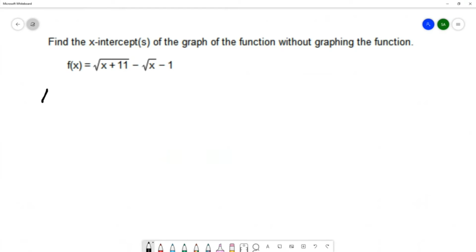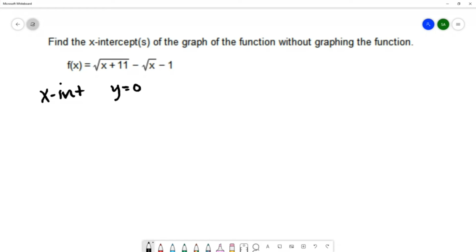Whenever we're looking for an x-intercept, the x-intercept is where the graph crosses or touches the x-axis. And because it crosses or touches the x-axis, the y part will be 0. And so that's how we find x-intercepts, is by letting y equal 0.